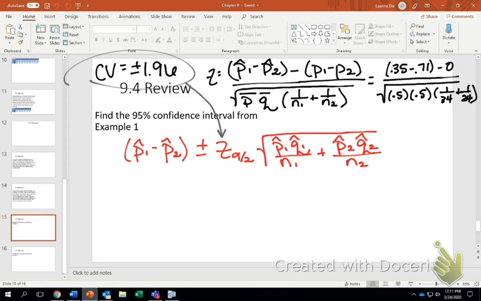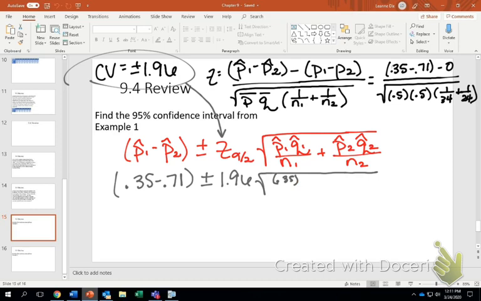So we're just going to go ahead and start plugging things in. This part matches these. All right, so I'm going to plug all that in. It'll say 0.35 minus 0.71 plus or minus 1.96 times the square root of, and p hat sub 1, that's going to be 0.35.